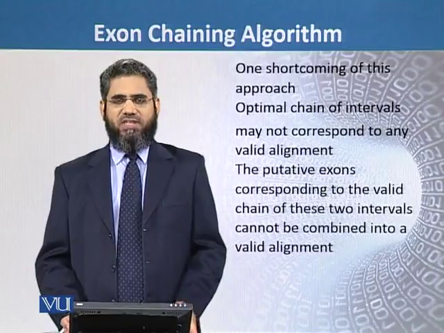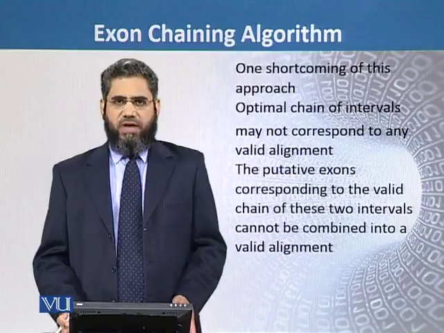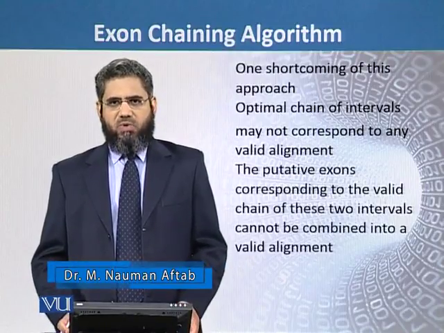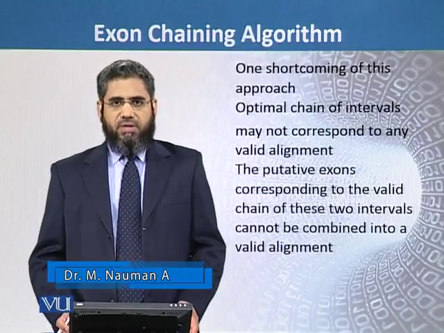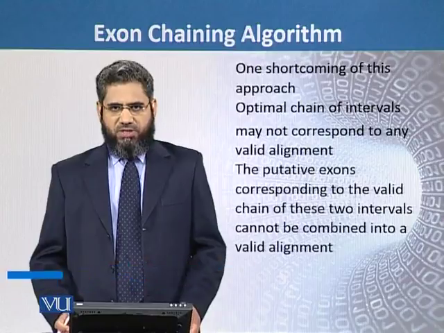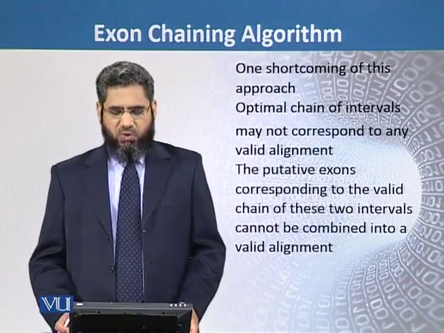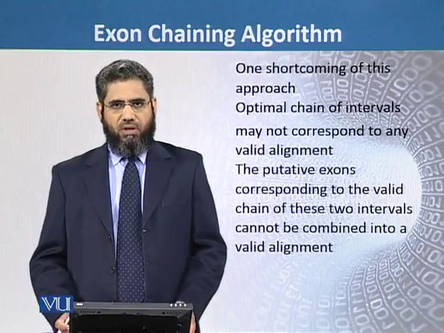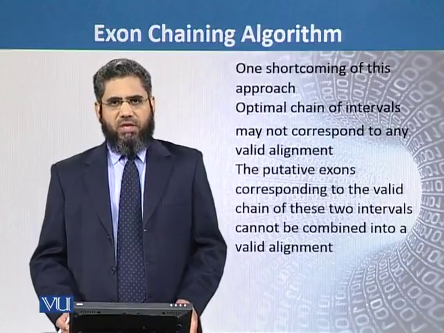One shortcoming of this algorithm is that we do not get the conserved endpoints of the exons, and this algorithm also does not allow for this. Another problem is that the optimal chain intervals do not correspond to any valid alignment, and they do not correspond to the locations within the proteins.